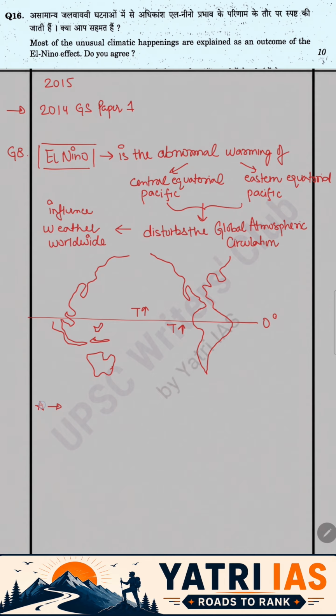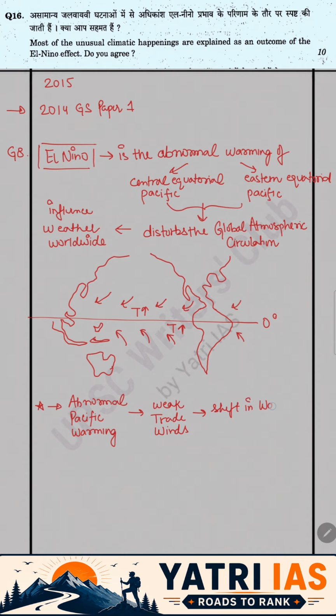Like, this is just for your understanding. Abnormal Pacific warming leads to weak trade winds, because this is the region that has trade winds as well. So they also get weak trade winds. That leads to shift in Walker's cell.